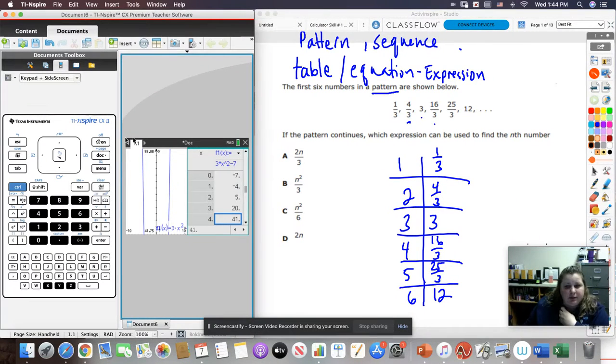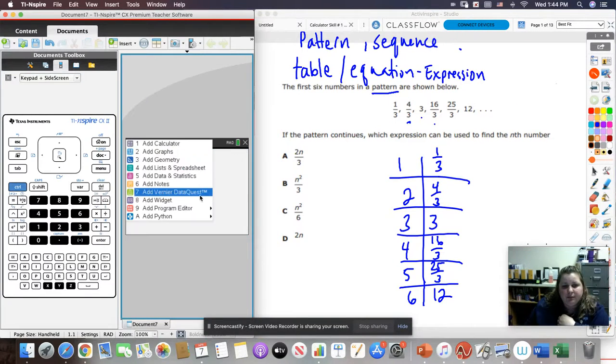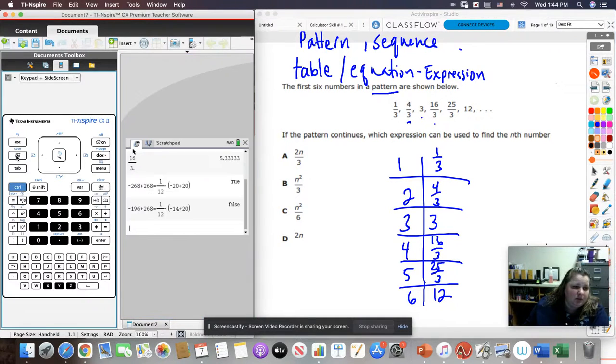And now it's time to go to the calculator. First of all, something you need to know about the calculator is most of the time it's going to shoot out the answers in decimal form. So in this table, we have fraction form, but we might just come over here to calculate and type in 1 divided by 3.